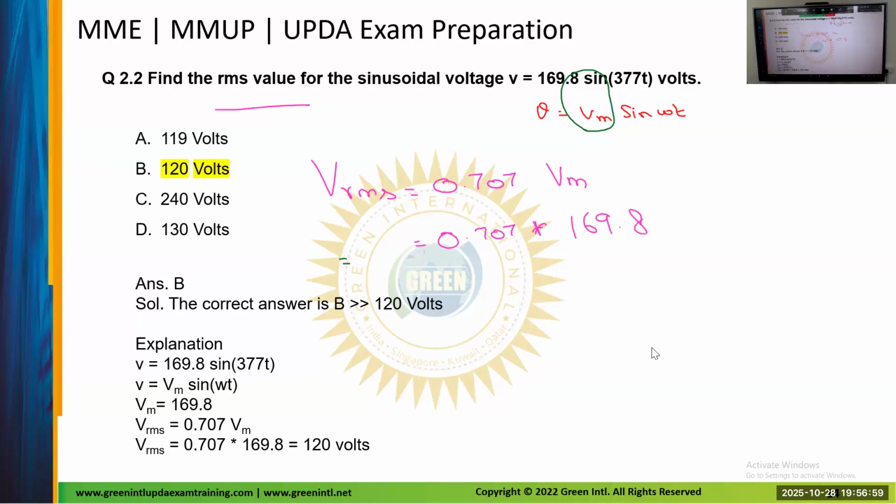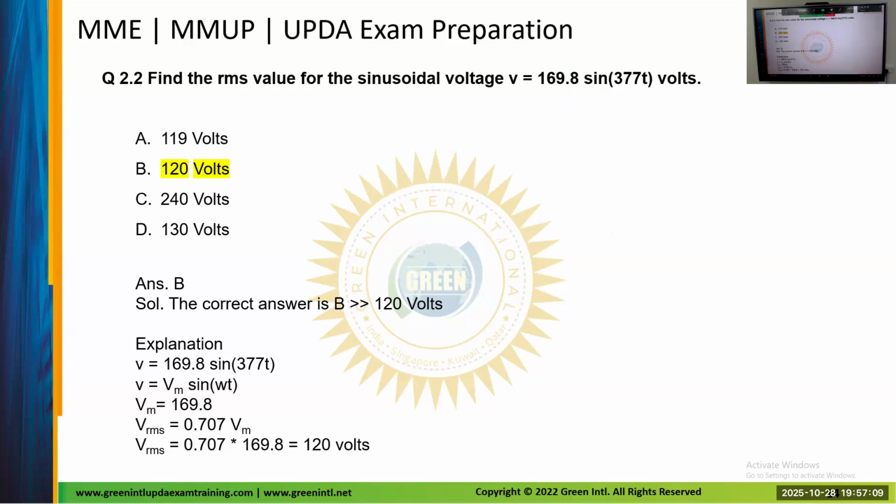You multiply and we get the answer. That's all. What is the formula in a three-phase system? V average, VRMS: in the three-phase system, the same formulas apply, which we will discuss in the later stage.